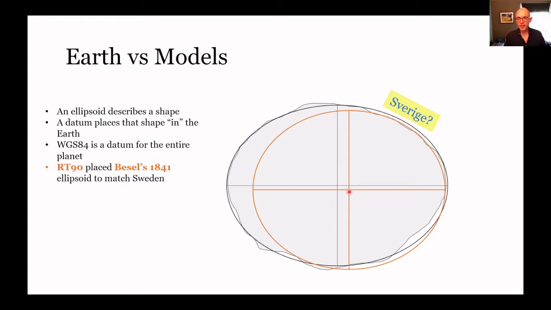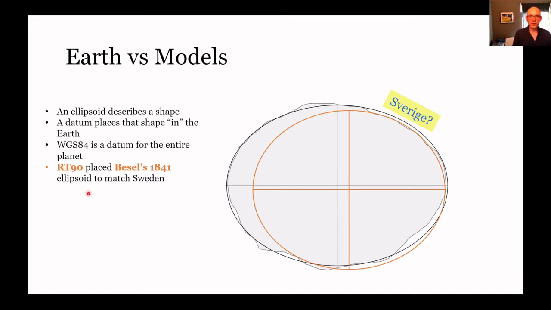Which means that its center may not be the same center as the true center of the Earth. But that's not relevant because you're only working up here. This is the only bit that you're interested in. It's a model of the Earth, but it's only locally relevant up here. So this Bessel's 1841, you shift over so that it matches Sweden, and then you can call that RT90.